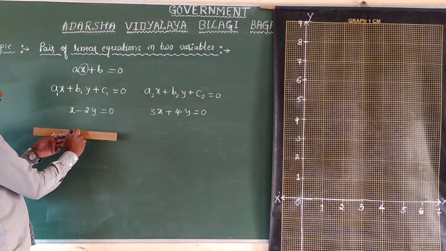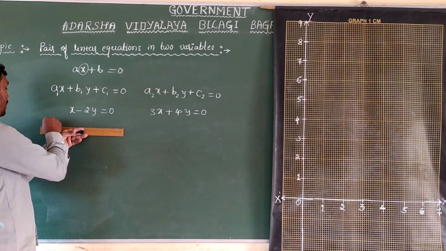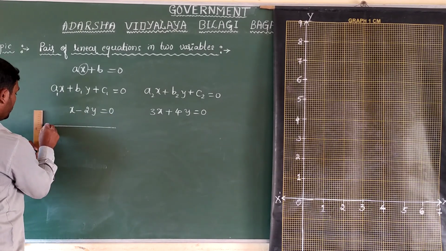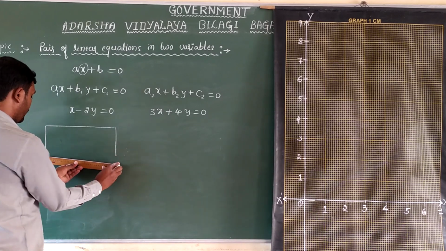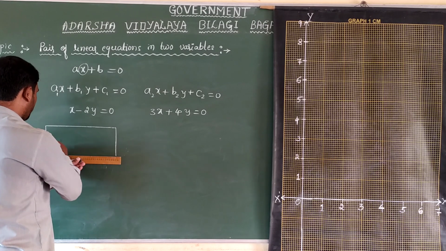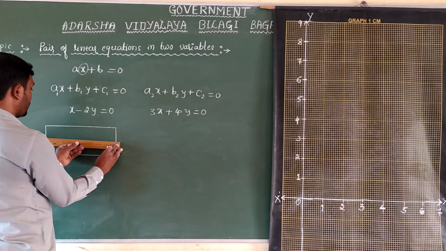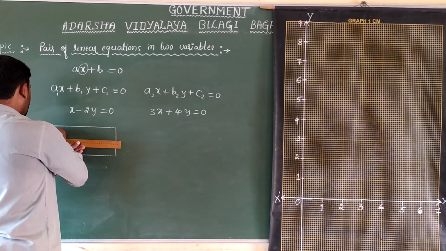To draw the line in the graph, here I will take the table for the first equation and the second equation, children, and you can take 2 to 3 values.